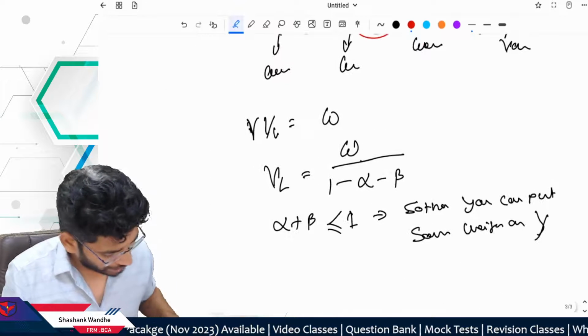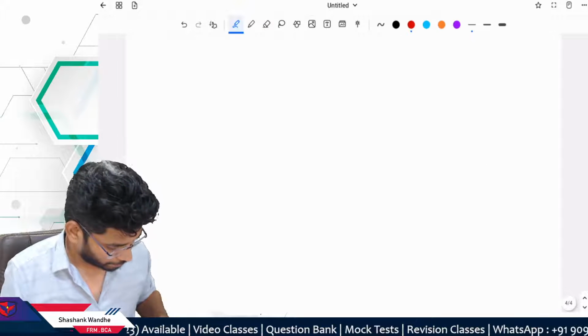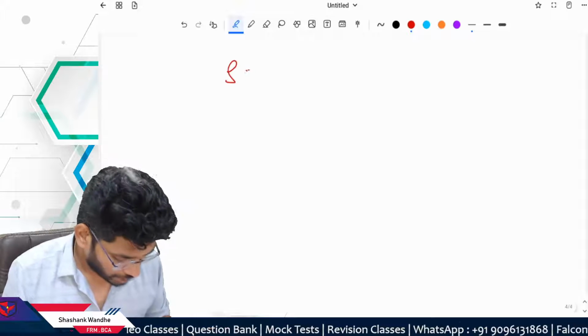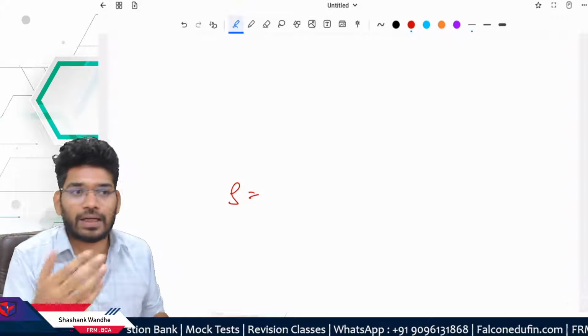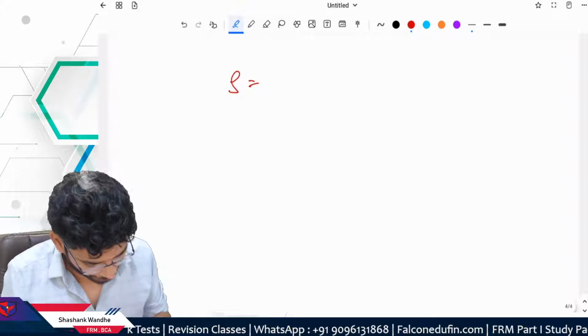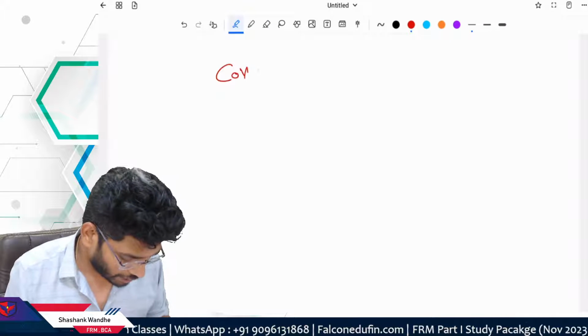Now, at the time of calculation of value at risk, if you have a portfolio, we will definitely need the correlation. As I said, for the value at risk calculation we can calculate the sigma. But if you have sigma and a portfolio, how do you forecast the correlation? For the purpose of forecasting the correlation, we have to start with the covariance.